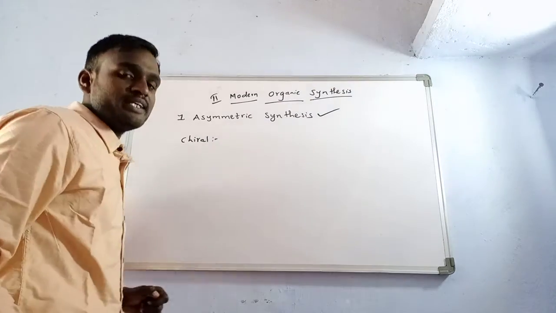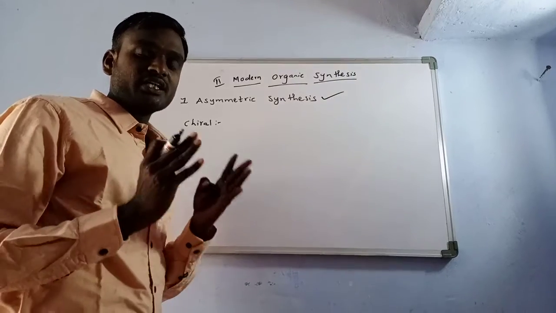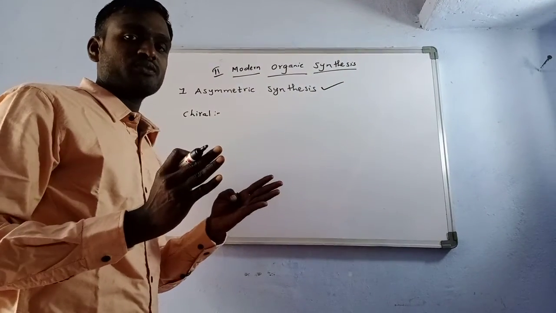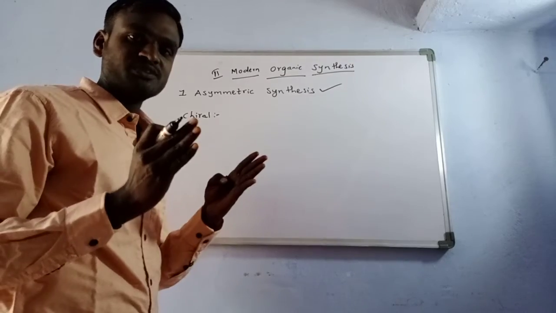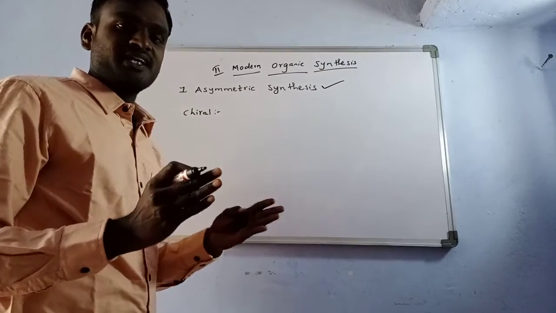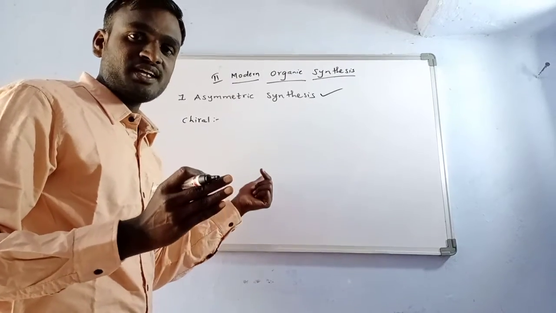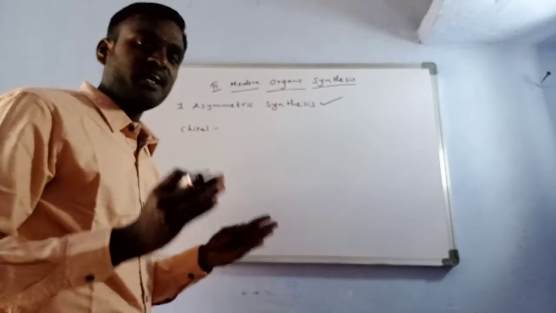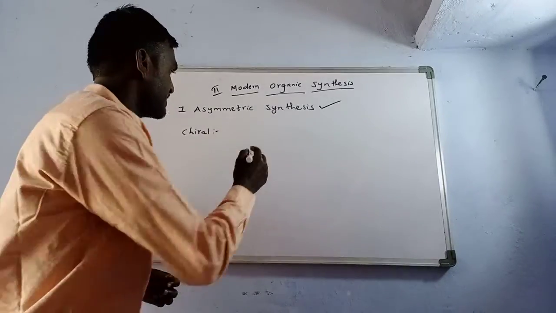Chiral is nothing but a tetravalent carbon which is directly attached to four different groups or atoms. That carbon is called chiral carbon, and the center containing it is called the chiral center or asymmetric center. Let's see what is a chiral center.